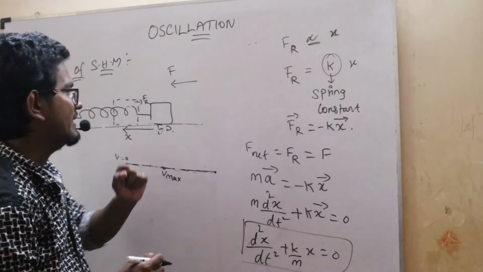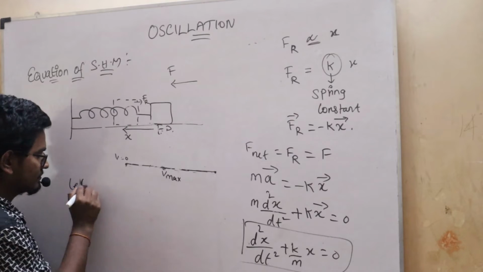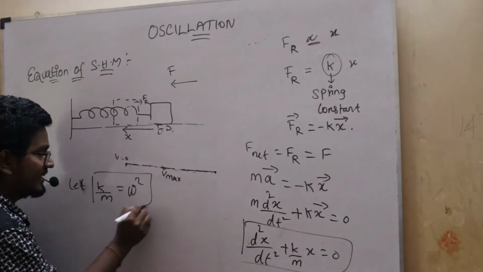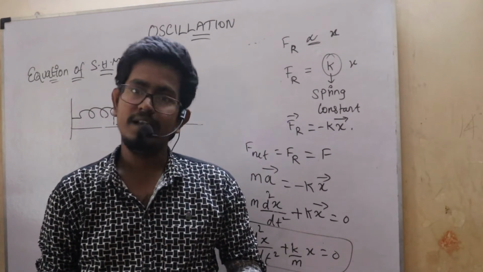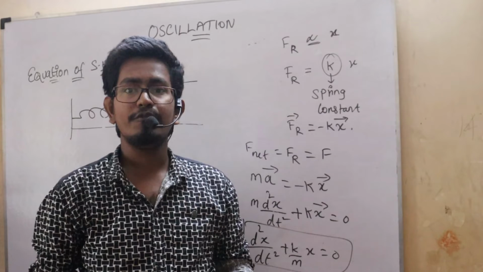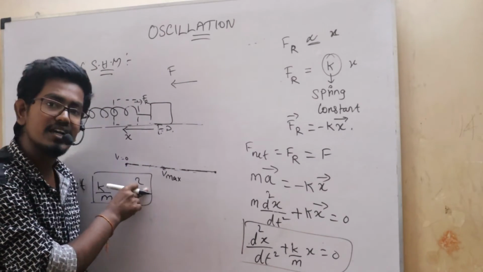So instead of K by m, let K by m be equal to omega square. How we are saying K by m is equal to omega square, we will see in the next lecture, while we discuss the circle.